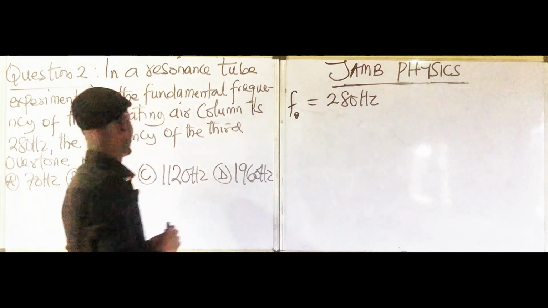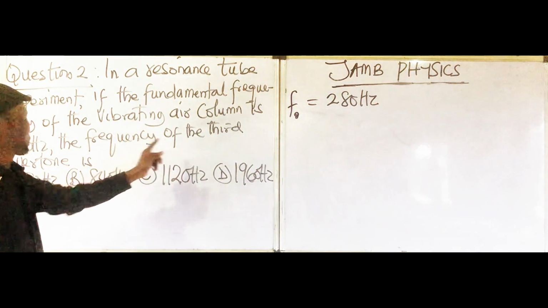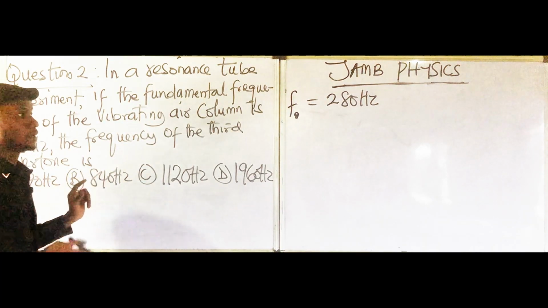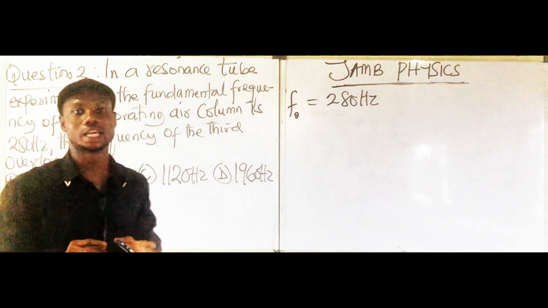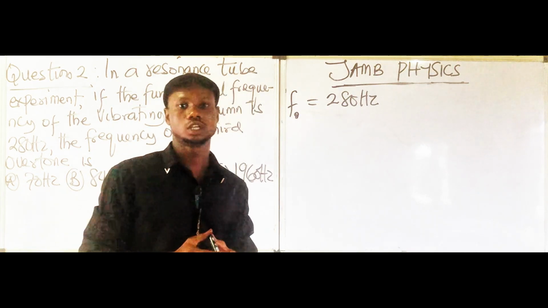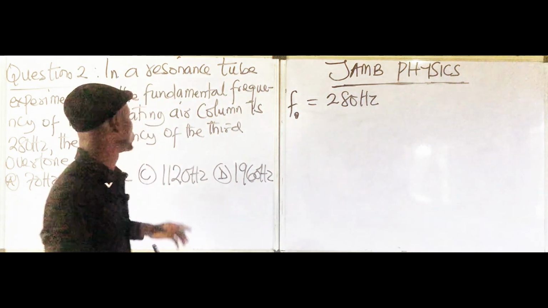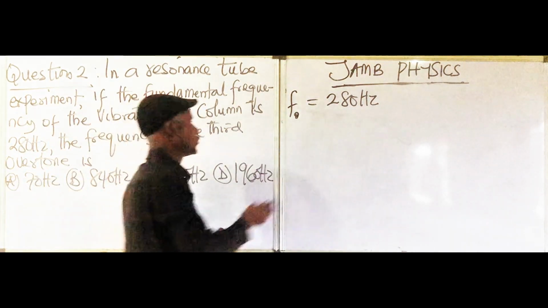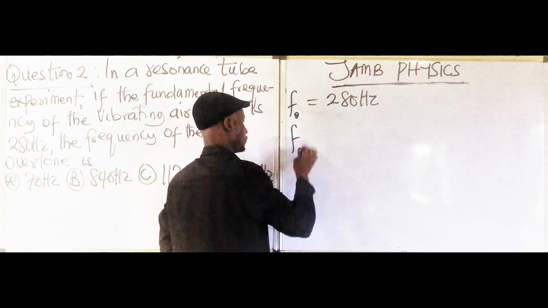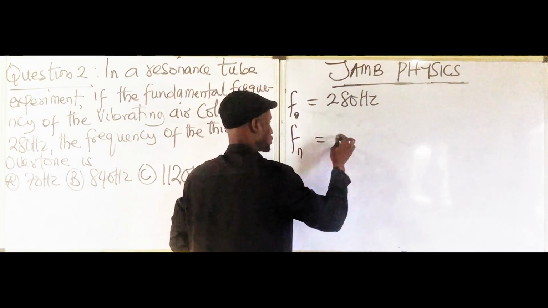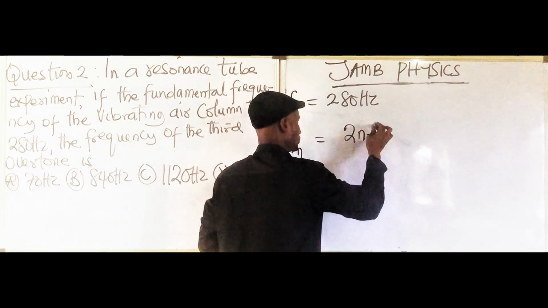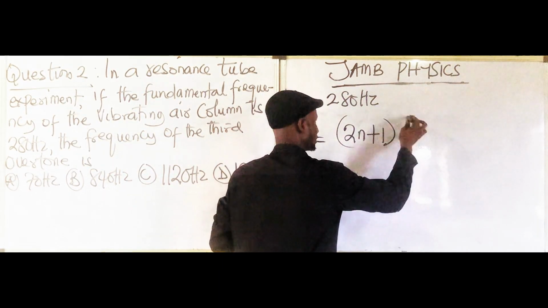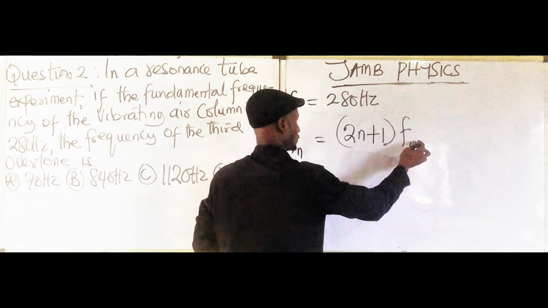Please take note. It said the frequency of the third overtone is, now we know that there is a given formula in solving the overtone of a resonance tube. Please take note. And the overtone Fn for a resonance tube is said to be equal to 2n plus 1 times F naught. Please take note of this, okay?